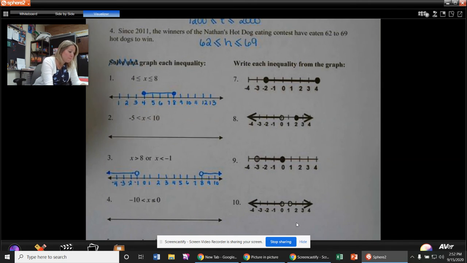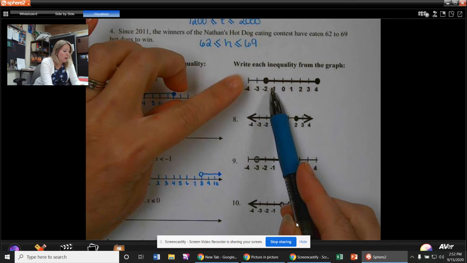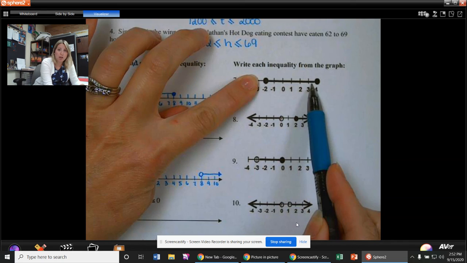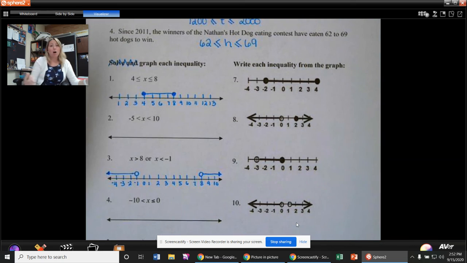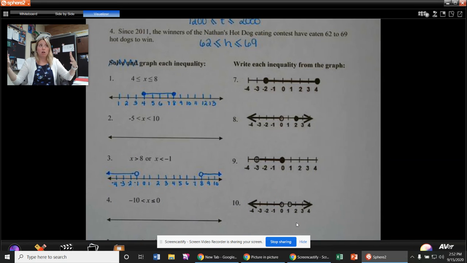So here we go again. Number 7. If you have a number line completed, is there a line that's connecting your two circles, or are we going out? If we're connecting, it's an and, so you can write it as a betweeny inequality, right?